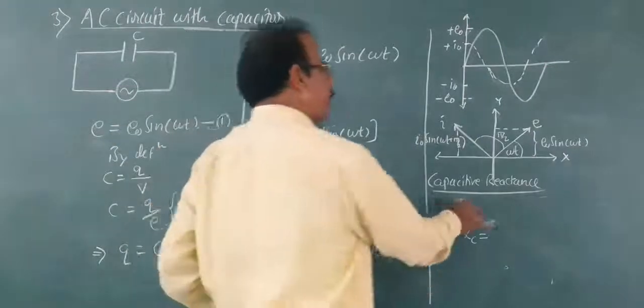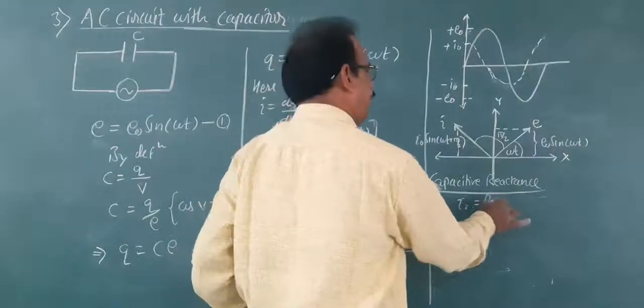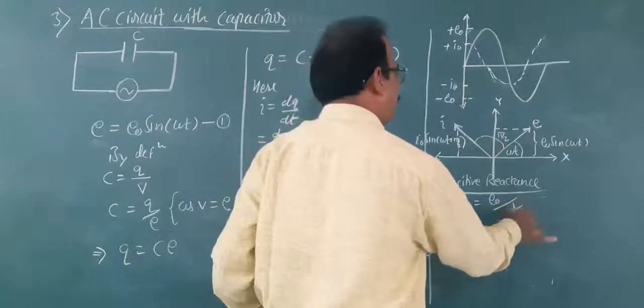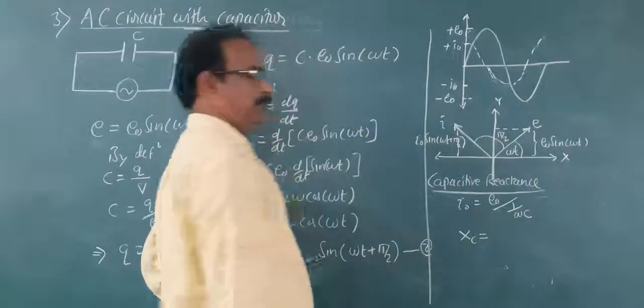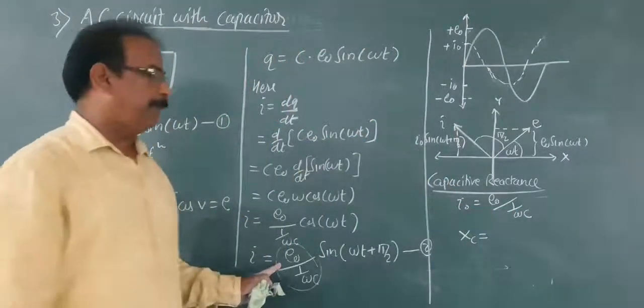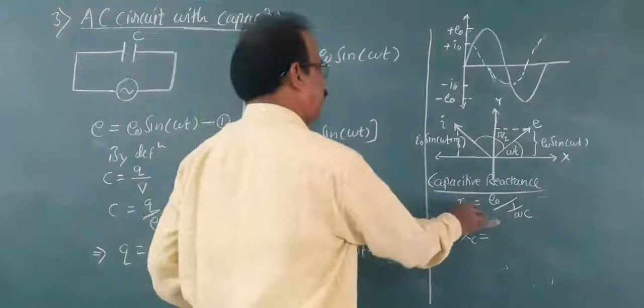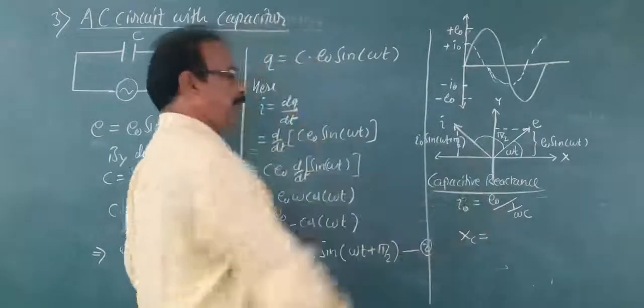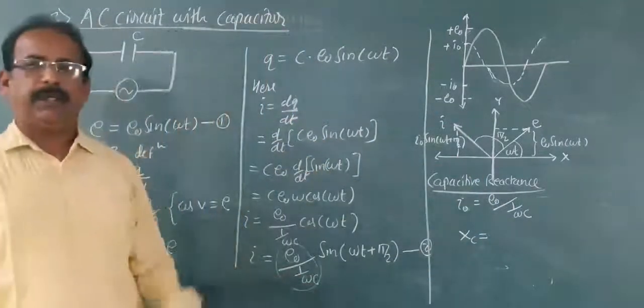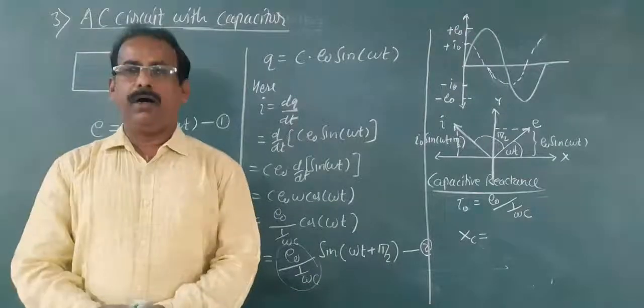The maximum current from this equation, I0, comes E0 upon 1 upon omega C. Compare this with Ohm's law.